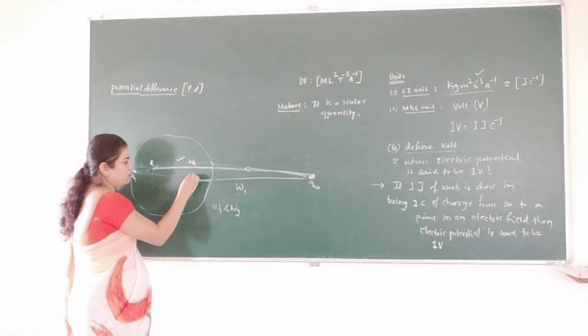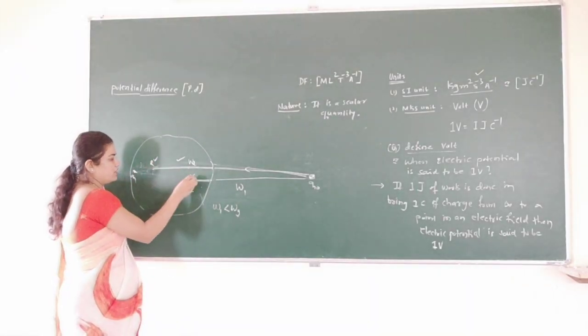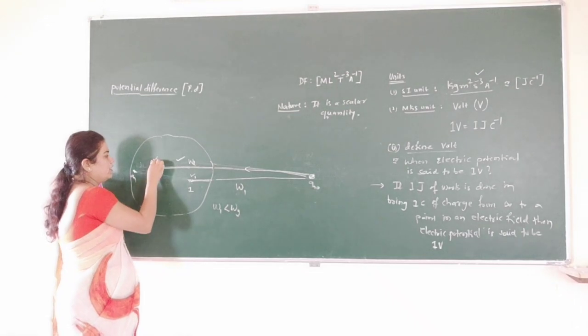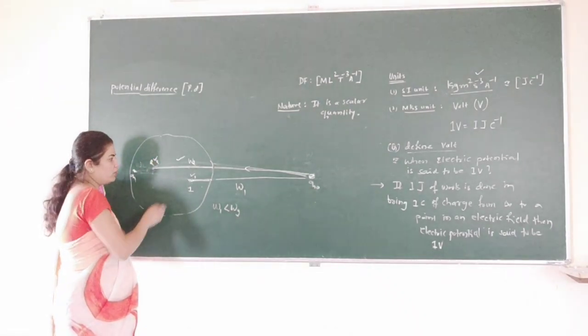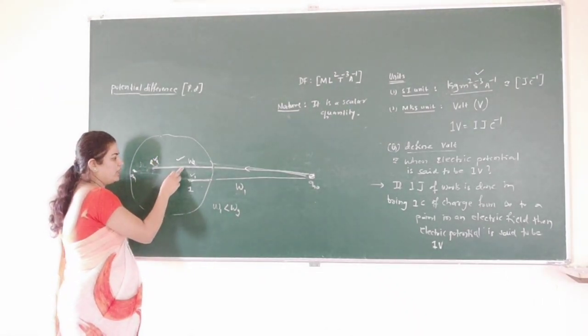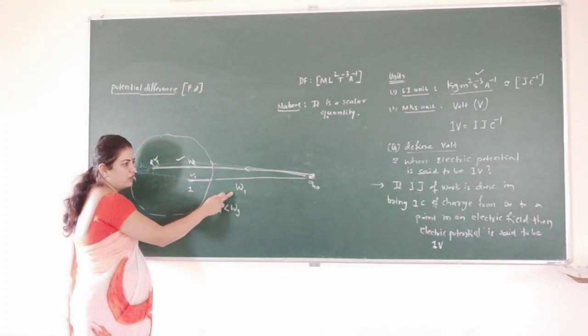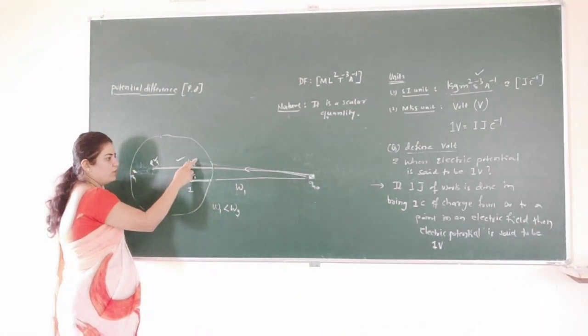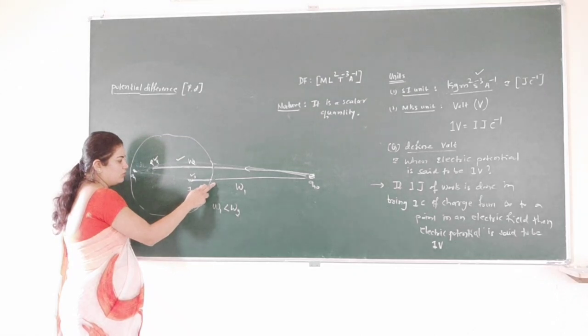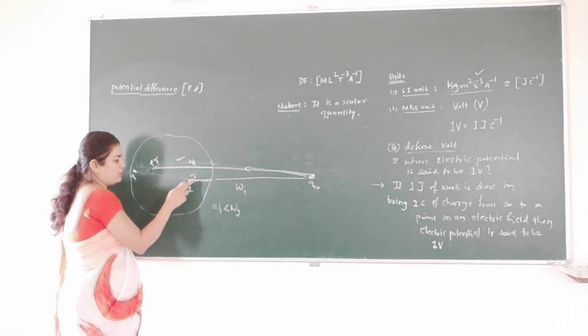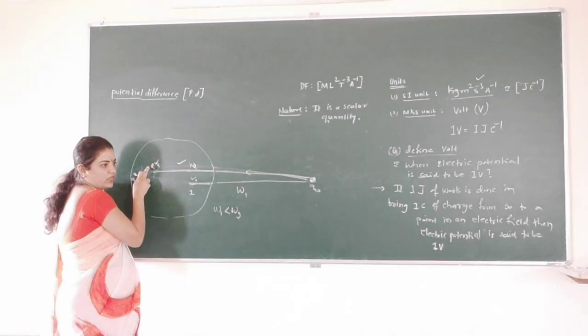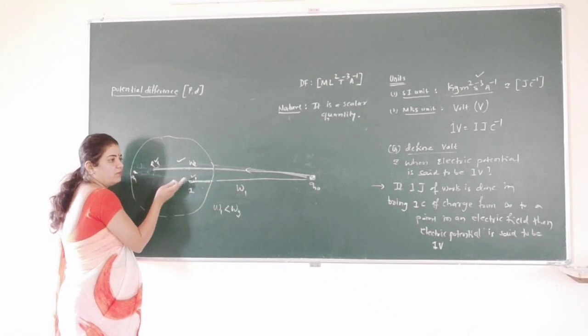Here the potential is different, here the electric potential is different. Here electric potential is 1, here electric potential is 2. Because work done W2 is greater, W1 is smaller. Therefore energy stored is more here, less here. So more energy, more potential, less energy, less potential. There is a difference in potential.